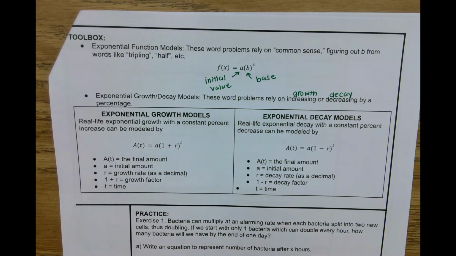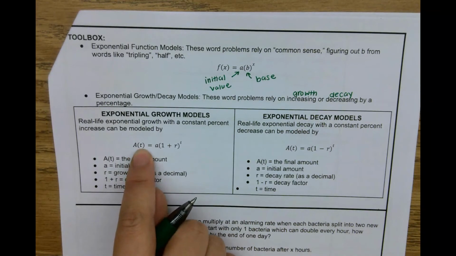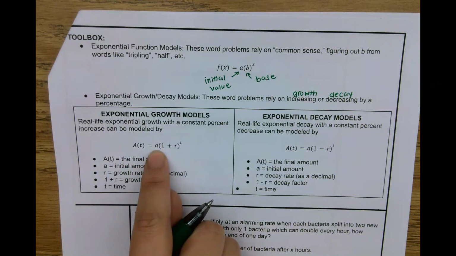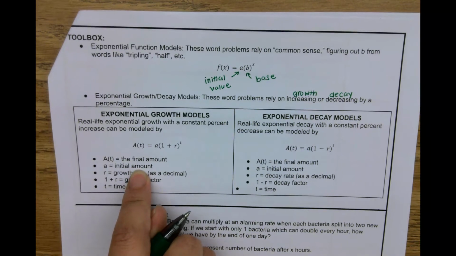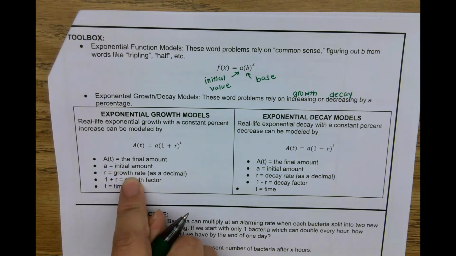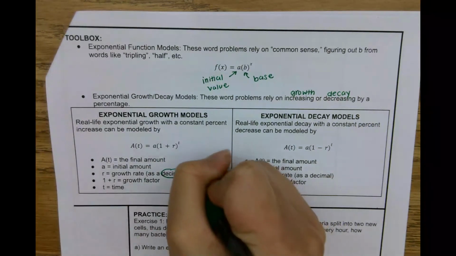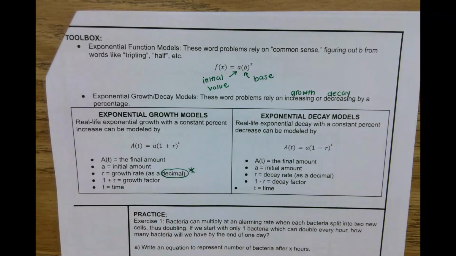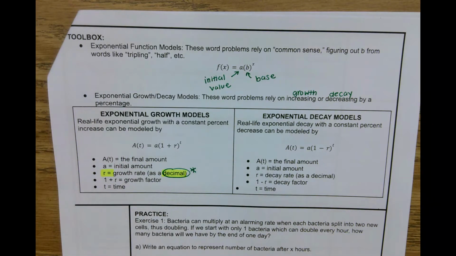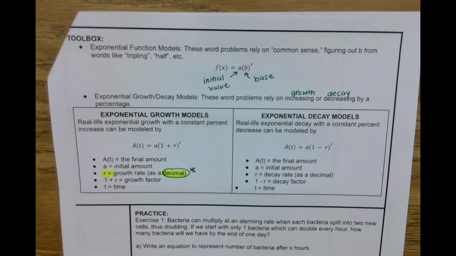That is modeled by A sub t, or A of t, which stands for the final amount, equals a, our initial or starting amount, times 1 plus r. This r is our growth rate, and it's written as a decimal. That's super important. Please highlight, star, whatever. This growth rate, this r, has to be in decimal form, not percentage form. As a whole, the 1 plus r is our growth factor and t is our time.